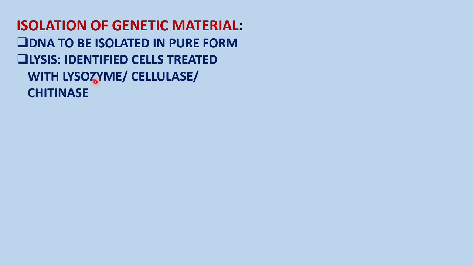But in case of a bacterial cell, we will use lysozyme, for a plant cell cellulase, and for fungus chitinase, followed by applying protease and ribonucleases. First, after the cell wall has been dissolved, what shall we add now? Next, the enzyme protease will be added.